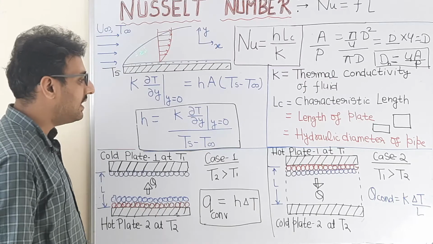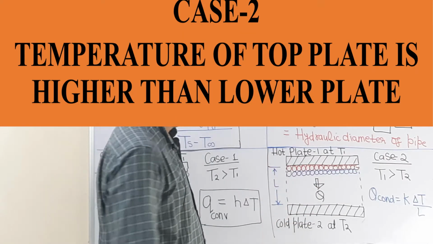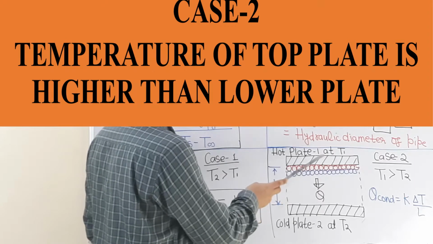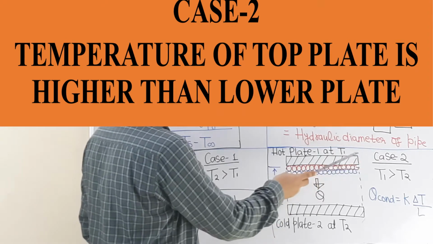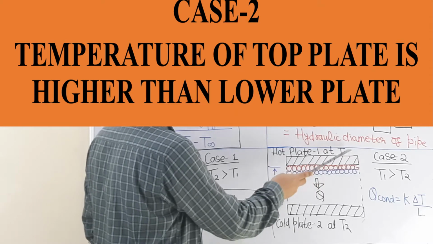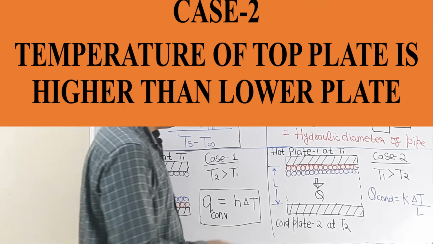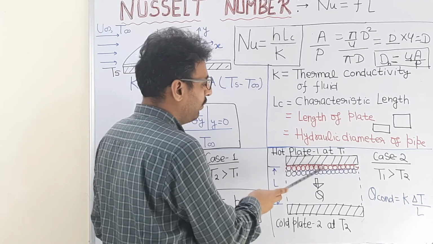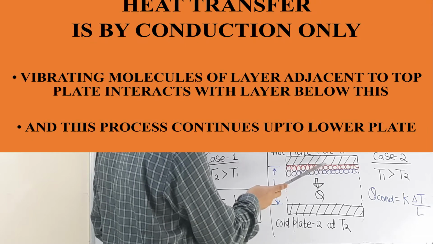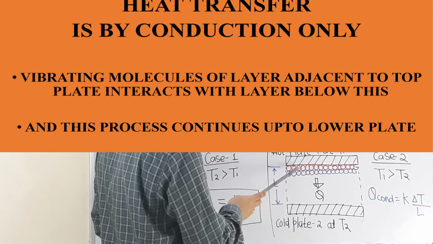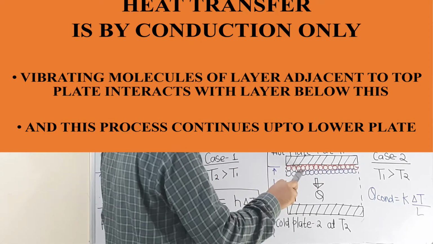Now consider case number 2. Same condition: fluid is entrapped between two plates. In the second case, the temperature of the upper plate is higher as compared to the temperature of the lower plate. Whatever fluid comes in contact with this plate is heated, so the temperature of this layer is increased.